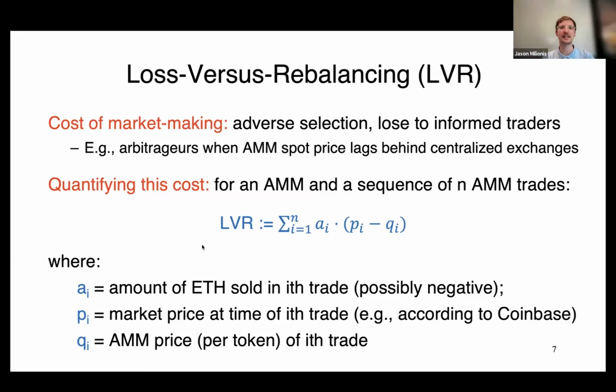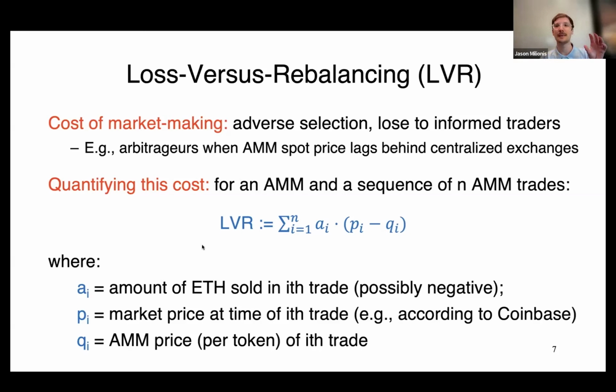So what did we previously say that these losses to informed traders are? We said that it's the quantity that they trade on the AMM times the price advantage that they got. So the difference between the external price, the market price, minus the average price that they got from the trade. This is exactly what you see on the slide that we define as LVR.